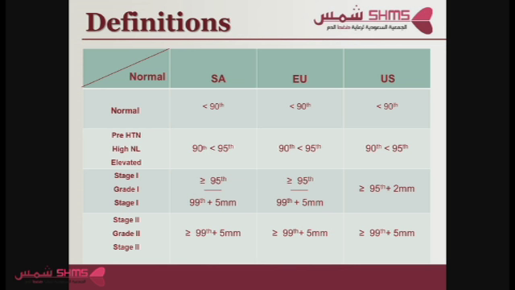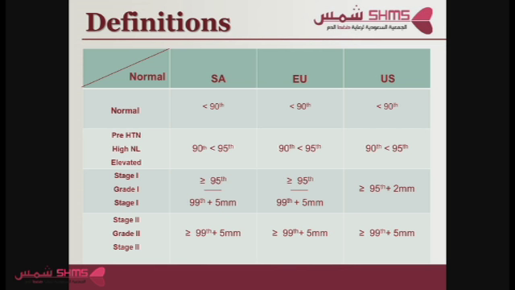European the same, Americans the same. Stage 1 and 2, we are all the same, except that Americans change the word stage 1 to grade 1. So all above the 95th percentile, we call it hypertension.